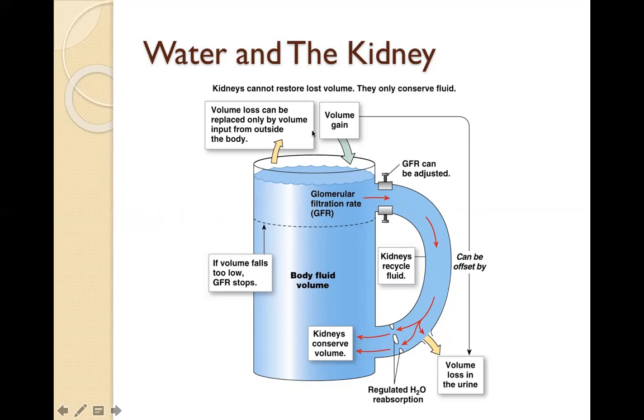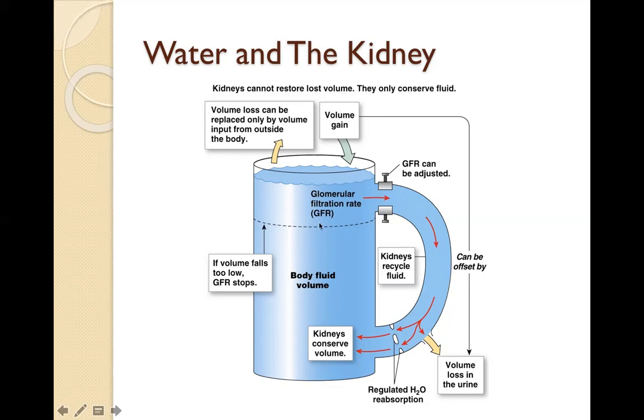The only way that you can replace this water loss is by getting water from the external environment, so through the GI tract. If you don't replace the fluid that you lose, and it goes below a certain level, your glomerular filtration rate starts to fall.